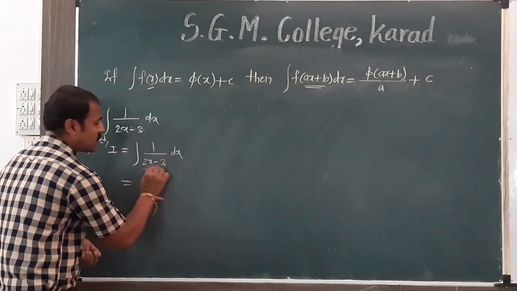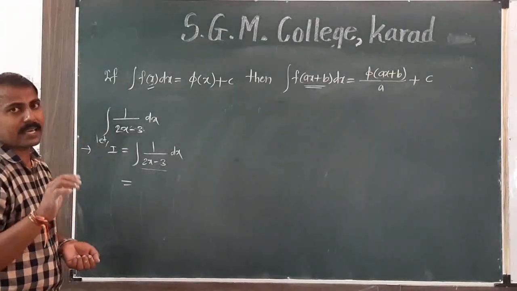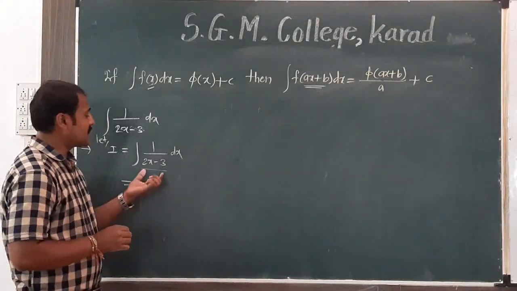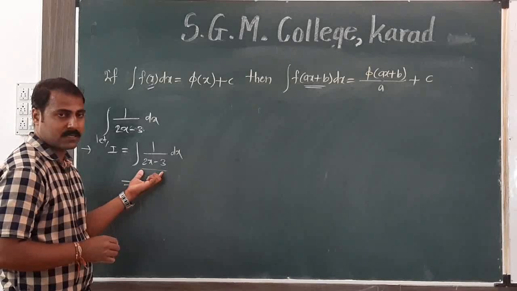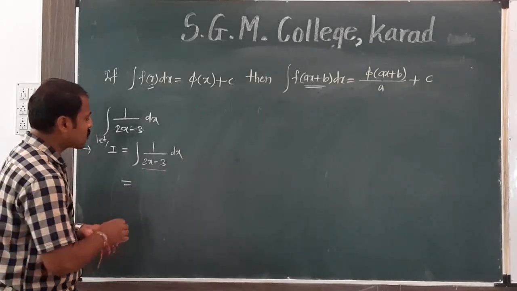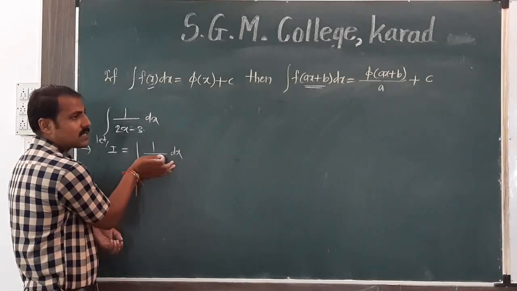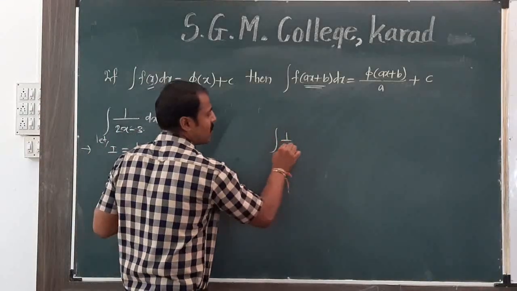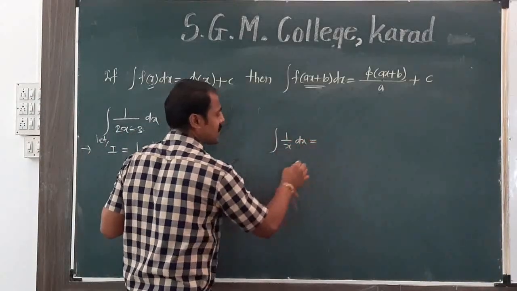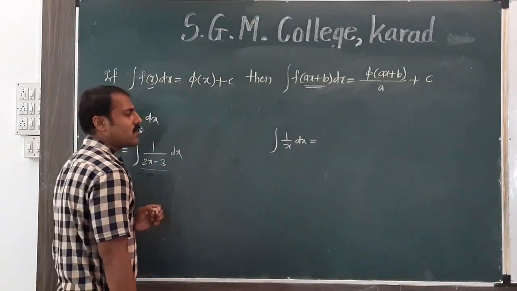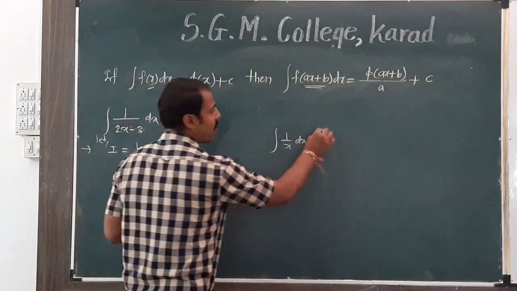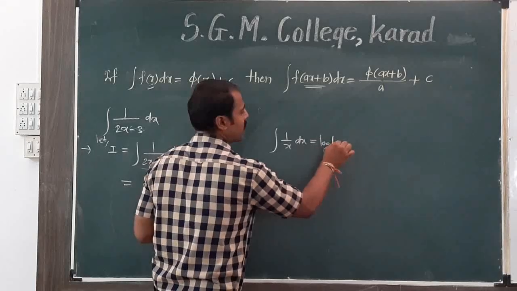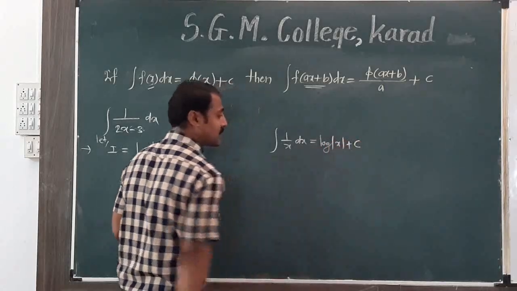Now consider 2x minus 3 as x. If we consider 2x minus 3 as x, then it looks like integration of 1 upon x dx. And we know the formula for integration of 1 upon x dx: it's log of mod of x plus constant of integration c.